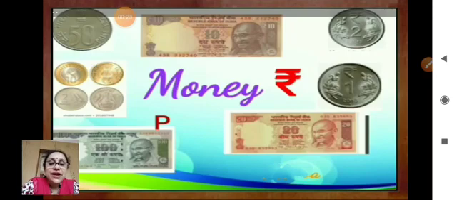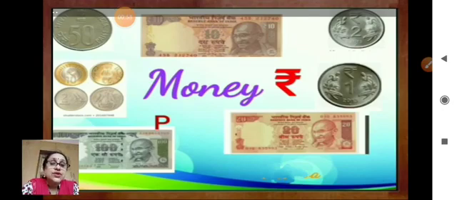Now children, for our daily needs, we have to buy things from the market. So when you go to the shop, you want to buy something. What do you do? You ask the price to the shopkeeper, or you look at the price that is written on it.